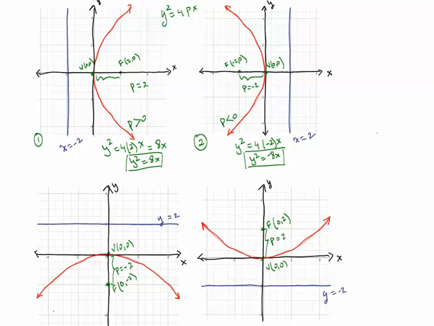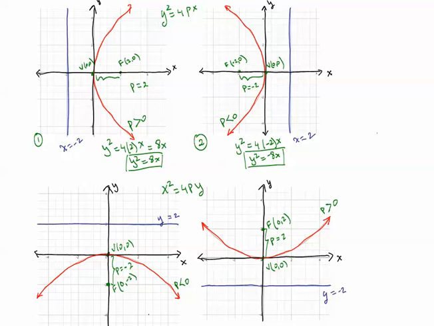So this one opens toward the negative side of y, p is less than 0, and if it opens upward, then p is greater than 0. So the equation, if it opens up or down, is x squared equals 4py. If it opens up or down, it will be x squared; if it opens to the left or right, it will be y squared.